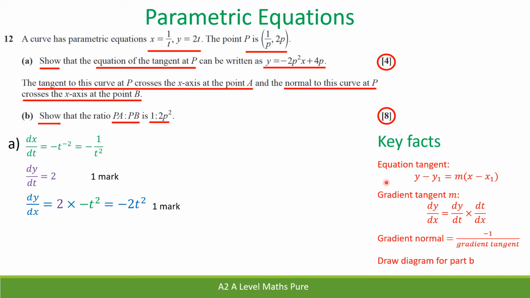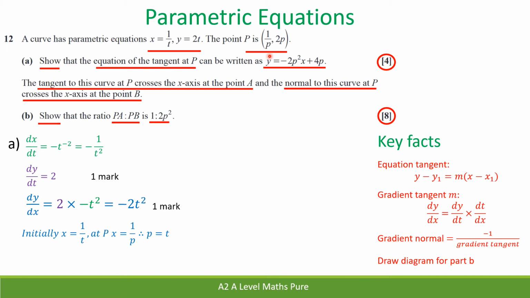From here, we've got to put the values into the equation of the tangent. But before we do that, you'll notice that these values here are in terms of p, and this equation here is in terms of t. Now, as I said right at the beginning, there is a relationship between this equation here and here. So 1 over t is equal to 1 over p.